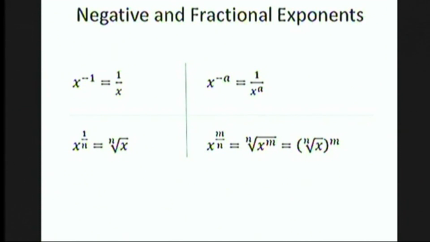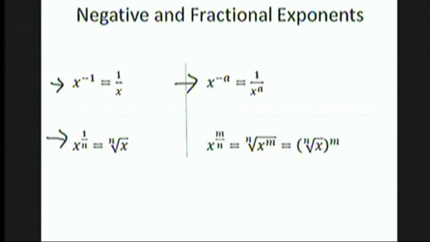Here's a summary of negative and fractional exponents. x to the minus 1 is just 1 over x. x to the minus a is 1 over x to the a. x to the 1 over n is the nth root of x.